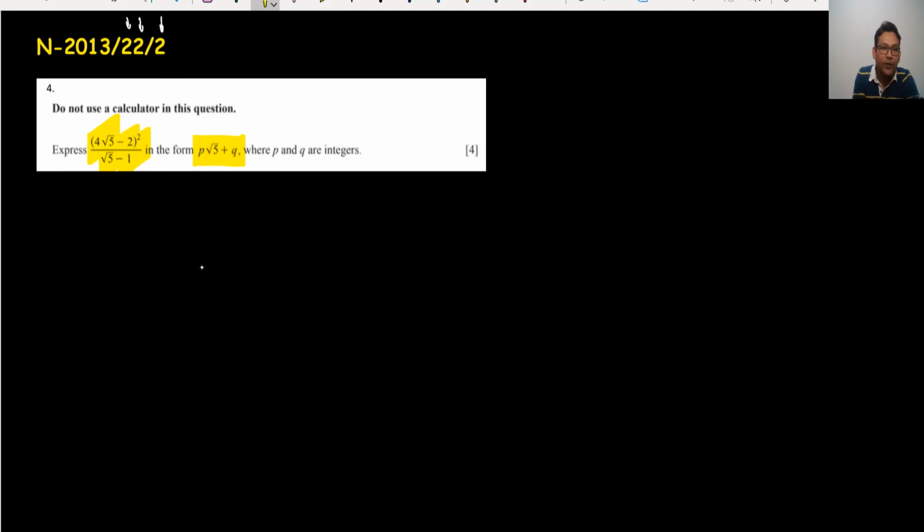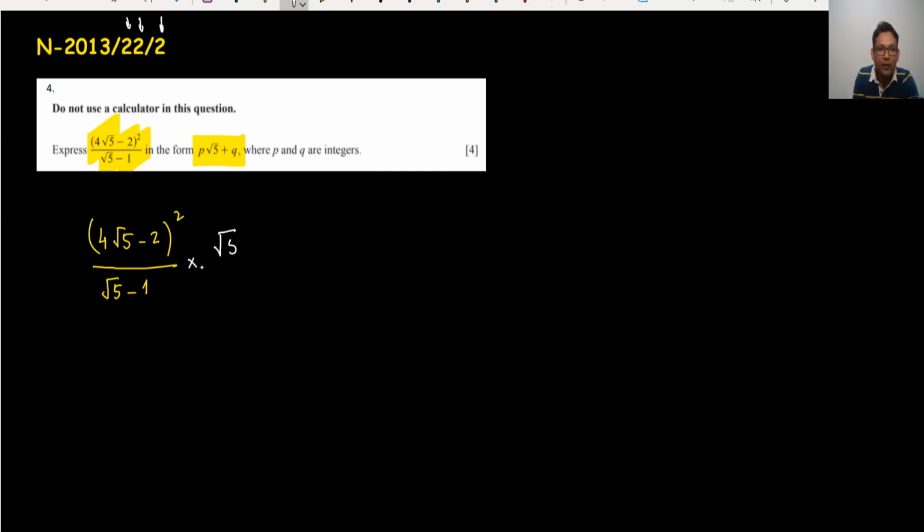First of all, this one: 4 under root 5 minus 2 whole square, divided by under root 5 minus 1. We have to remove this radical sign, and very simply we multiply and divide by the conjugate.